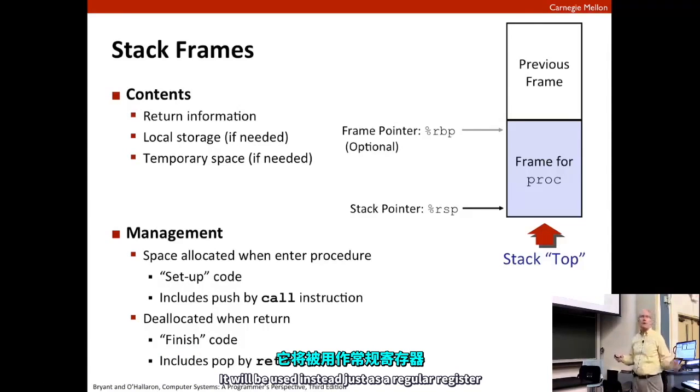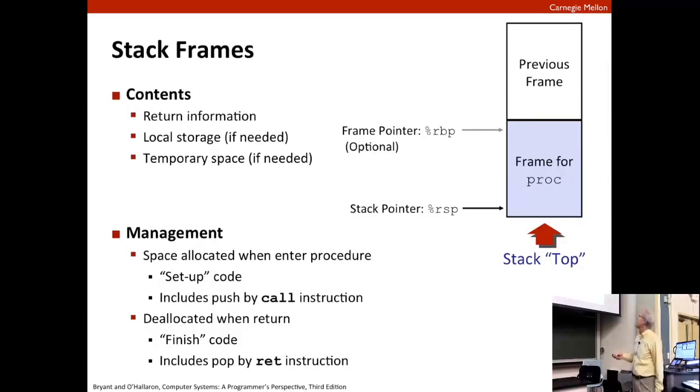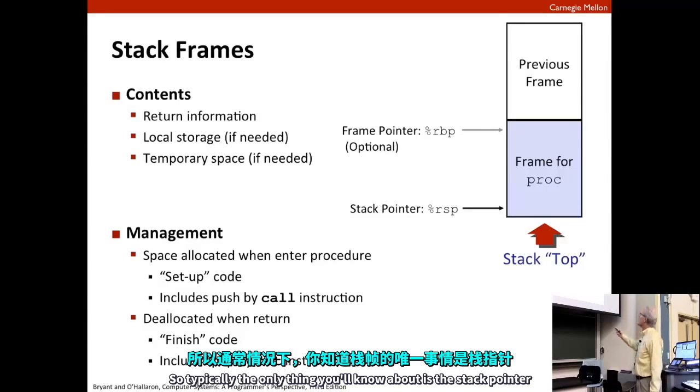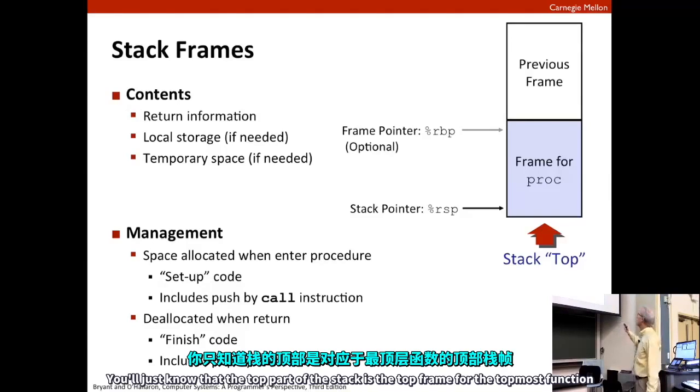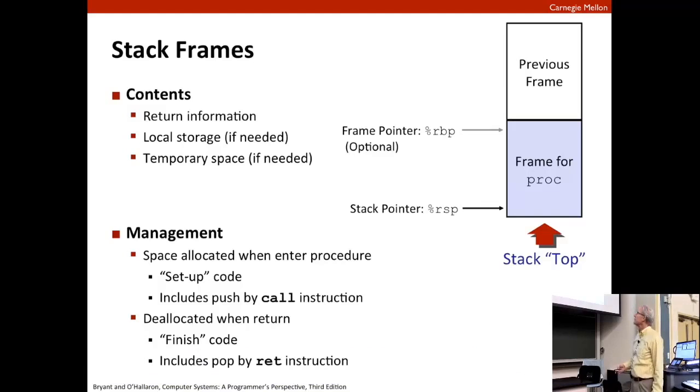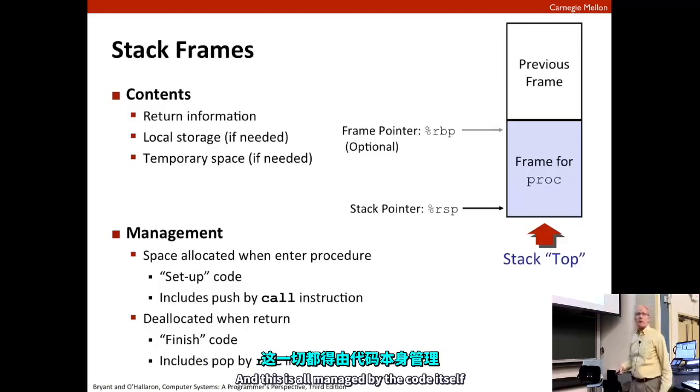It will be used instead just as a regular register. So typically, you'll only know the stack pointer, you won't even be able to figure out where the frame is exactly. You'll just know that the top part of the stack is the top frame for the topmost function. And this is all managed by the code itself.